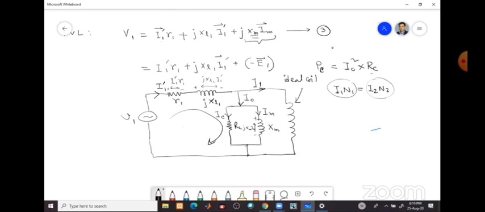So always remember this point. The leakage flux always depends on the whole current, and the magnetizing flux or mutual flux depends only on the magnetizing component of current, because that component of the current is used to magnetize the core.